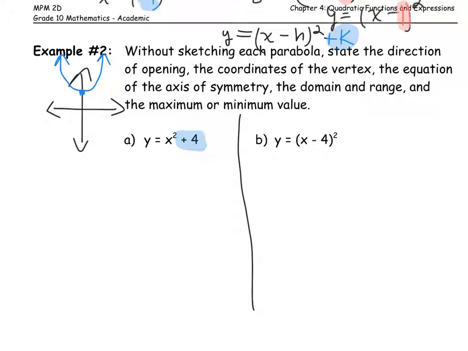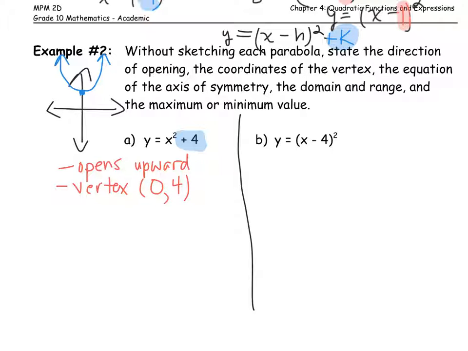So let's start to answer some of these questions. So direction of opening, I can say that it opens upward. I can tell that my vertex is only just 4 units up, so it's still at 0, but it's 4 units up.